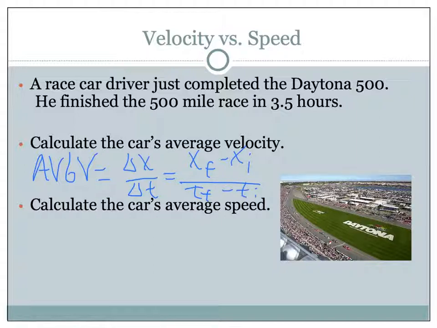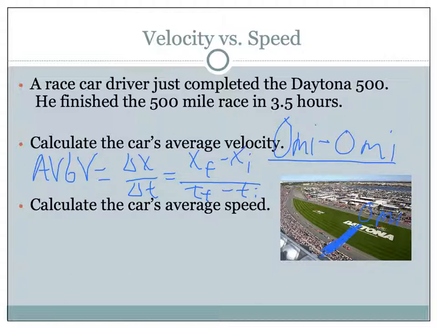Now if you look down here at the picture, we notice the starting line. Well, that's also the finish line. So if we just label that 0 miles, that is not only the initial position, 0 miles, but also the finishing position, 0 miles. And then we're going to divide that by the time.